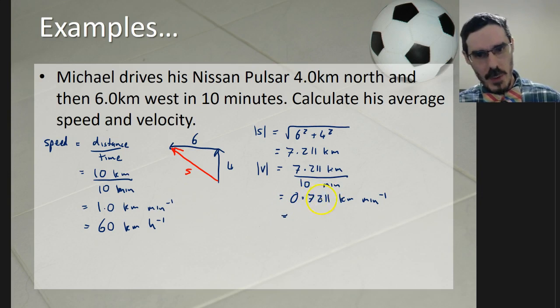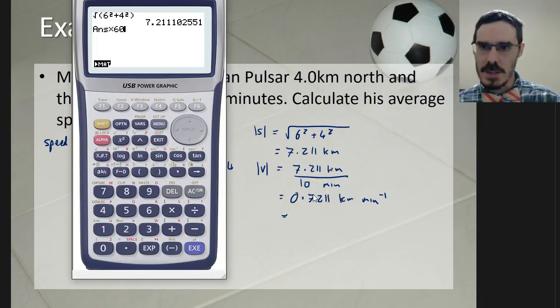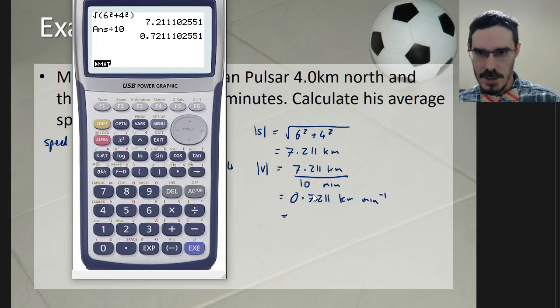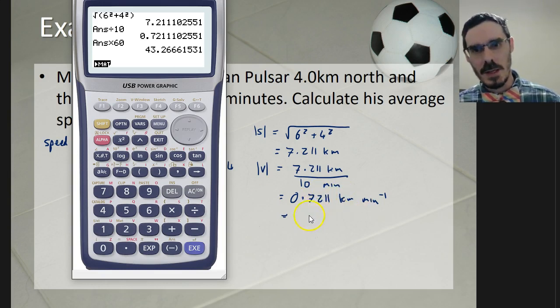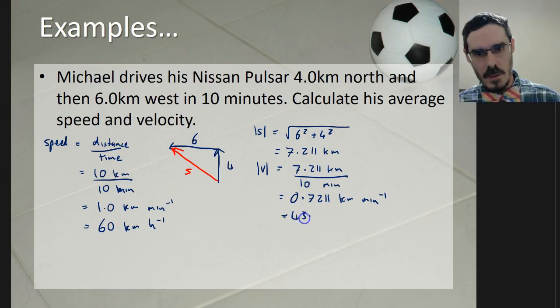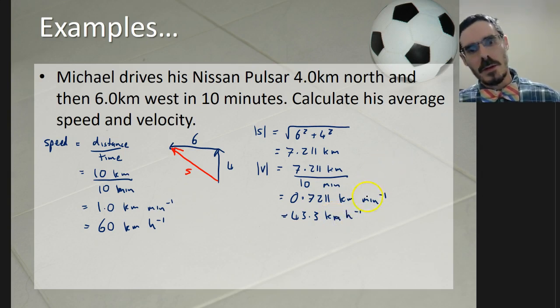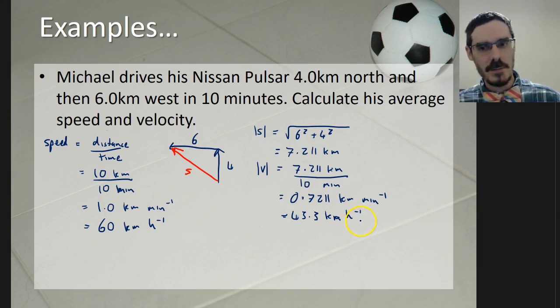If it goes that far per minute, I have 60 of those in an hour. Divided by 10, and then times it by 60, 43.3 kilometres per hour. That's how fast the average velocity is.